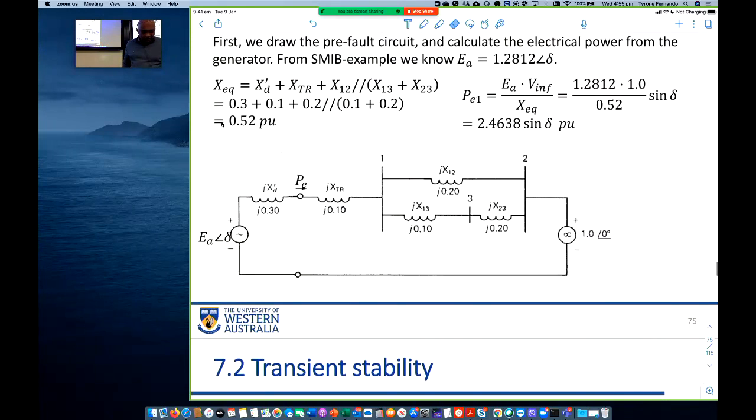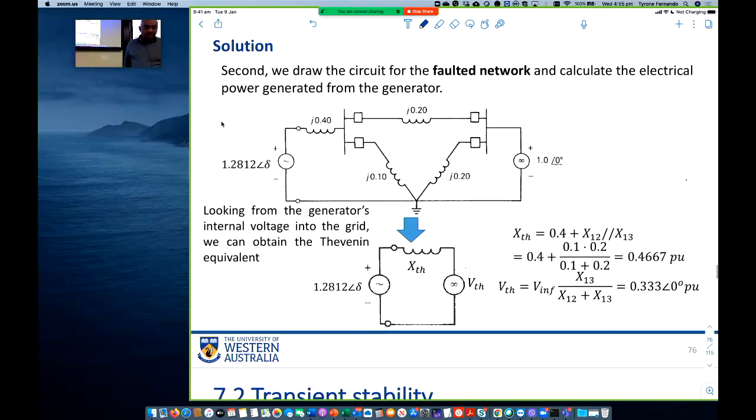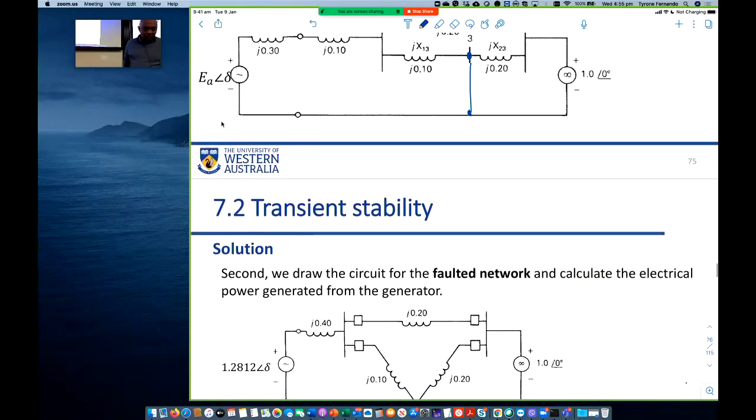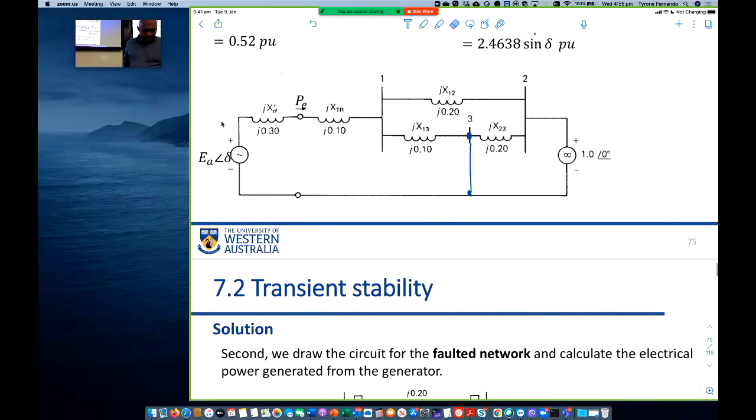This point here connects to ground. So it looks like that during the fault. Notice that previously this went to ground, so this voltage dropped to 0 and PE became 0.